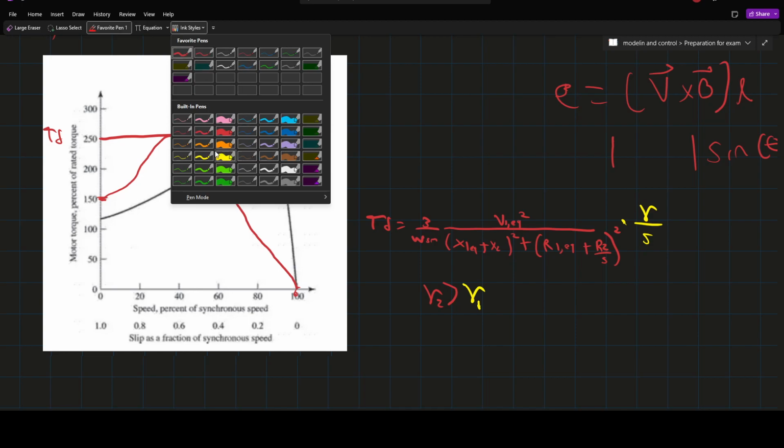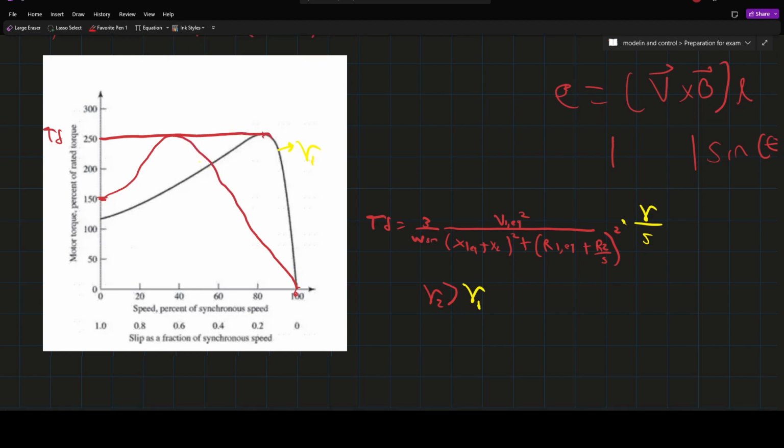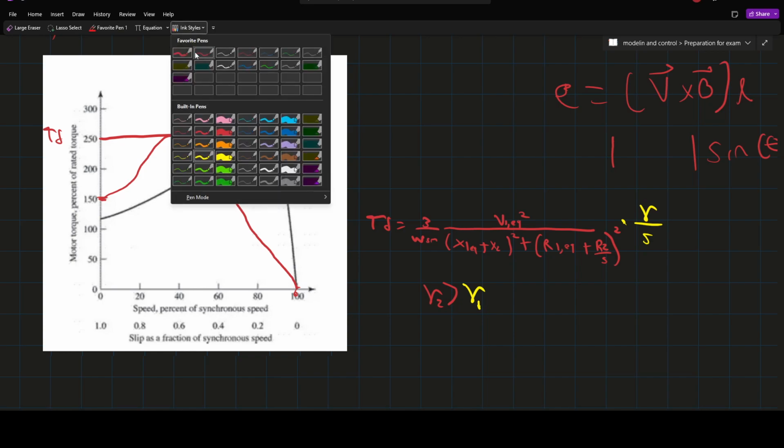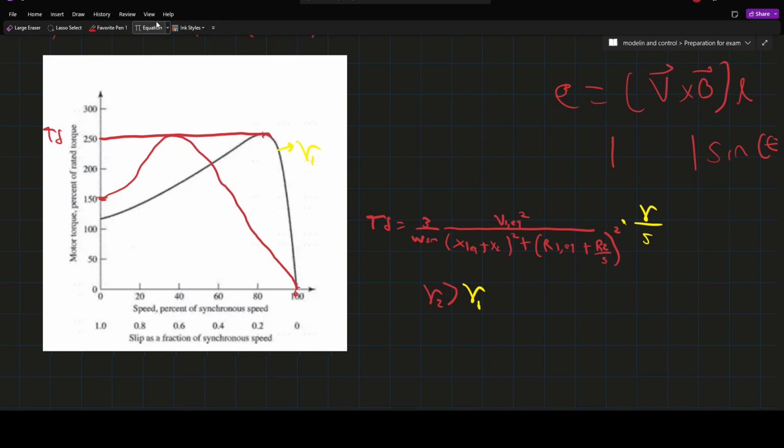So if we change this resistance value, oh well, that was the yellow. Now yellow, let's make another blue. If we change the resistance value, we can change the speed of the induction machine, but this will require us to actually change a resistor in a moving machine.